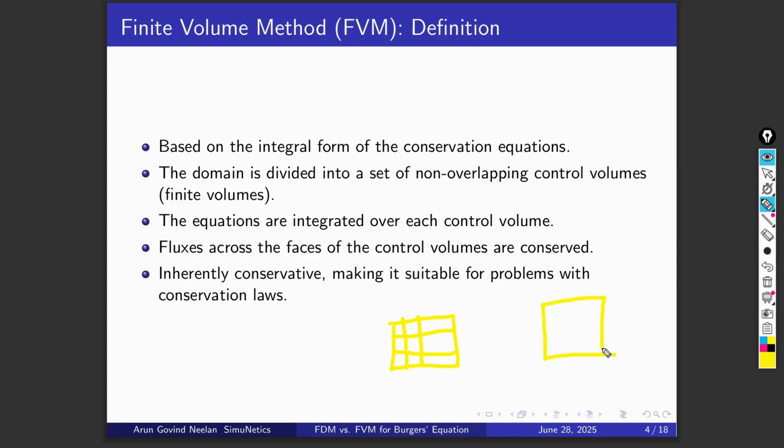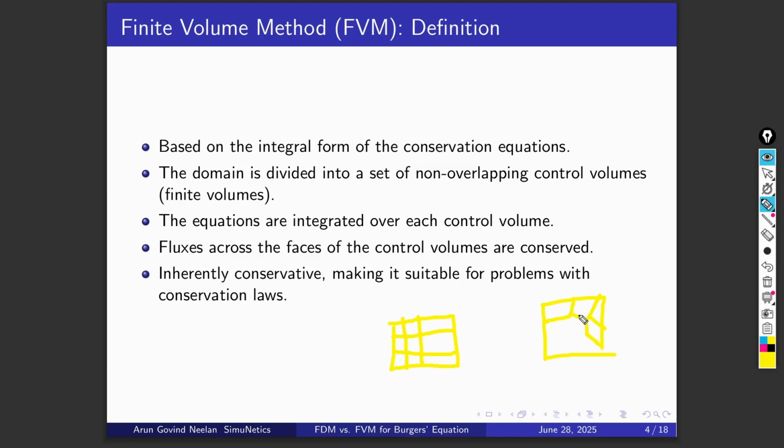In the finite difference method, we should ensure that our grids are rectangles. Of course, we can convert that into some complex grids through transformation, but basic finite differences can only handle this kind of rectangle or square grid. But finite volume can handle grids of any shape.